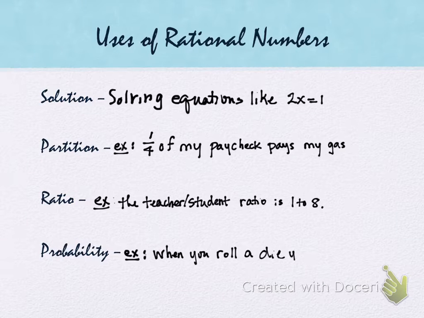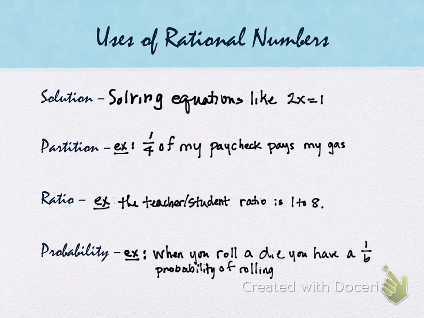Okay, so when you roll a die, you have a 1/6 probability of rolling a 5. Okay, so those are some examples of uses of rational numbers.